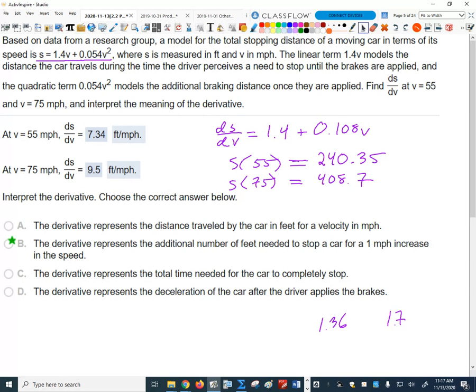Whereas if I am going 75 miles per hour, any change in speed is going to have a bigger impact on my stopping distance. Okay, there's the double whammy. Not only is your stopping distance increasing disproportionately, but the rate at which your stopping distance is changing is higher at 75 miles per hour than it is at 55 miles per hour.